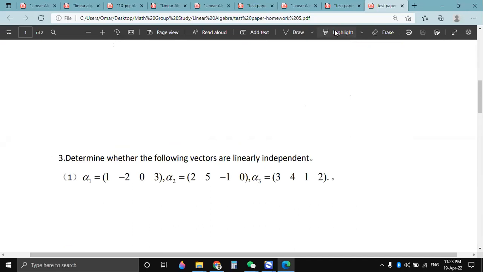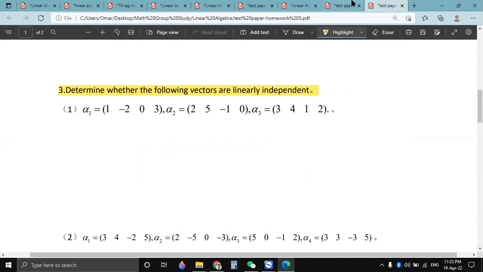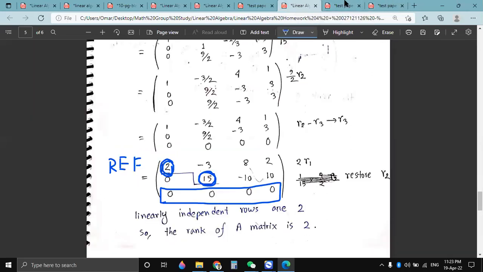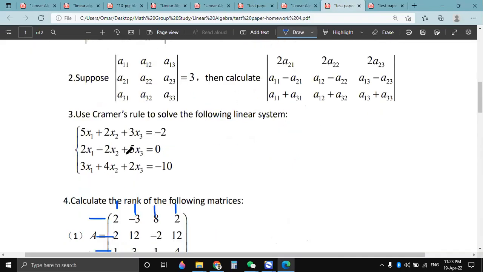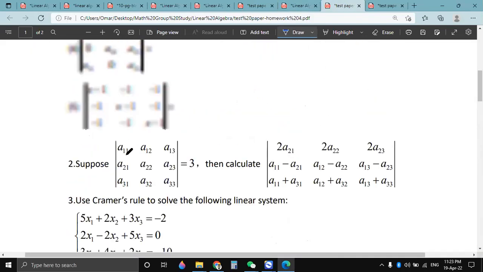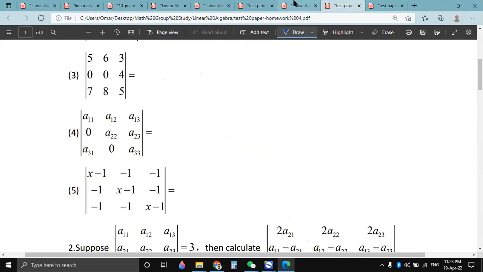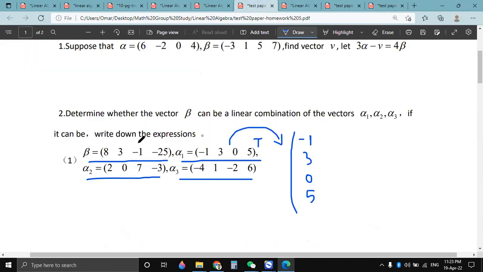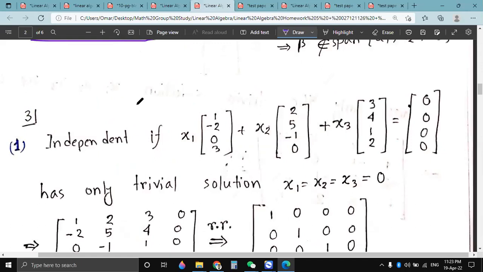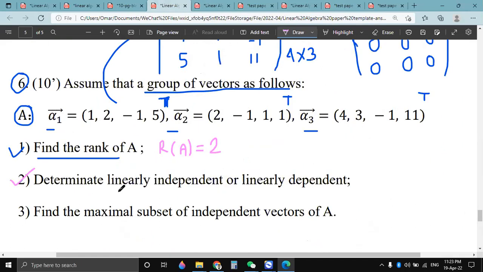So you see here number 3, determine whether the following vectors are linearly independent. So the same question here. So determine linearly independent or linearly dependent.